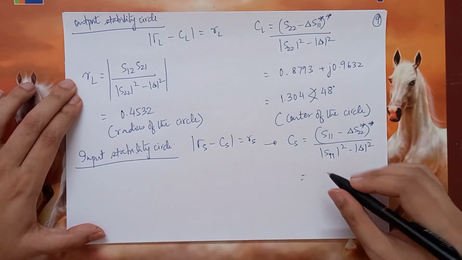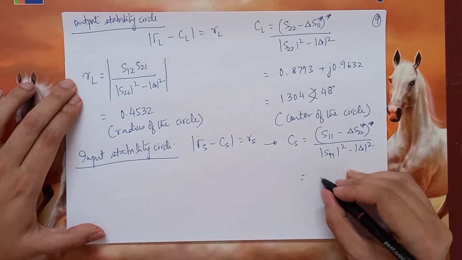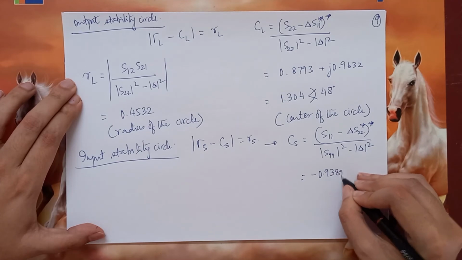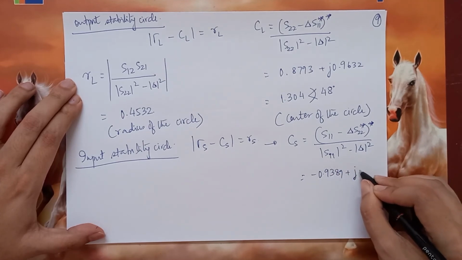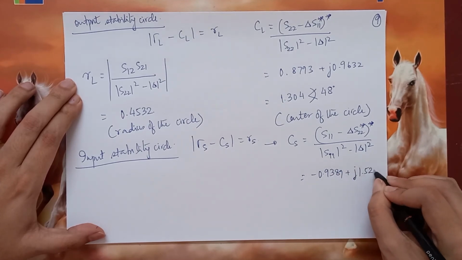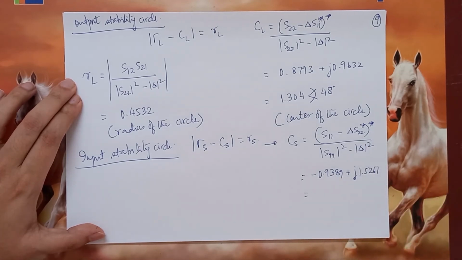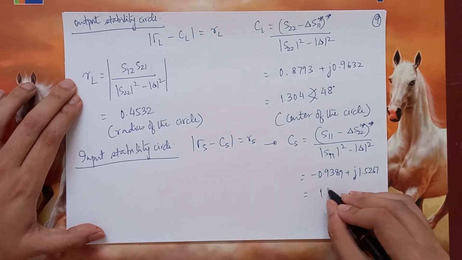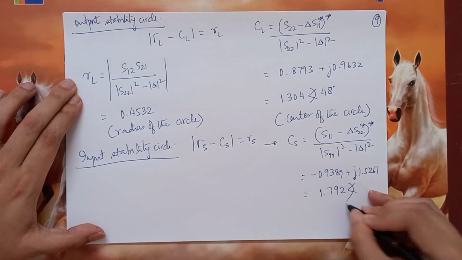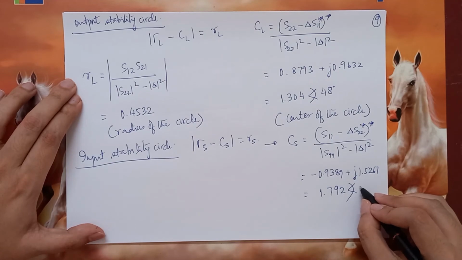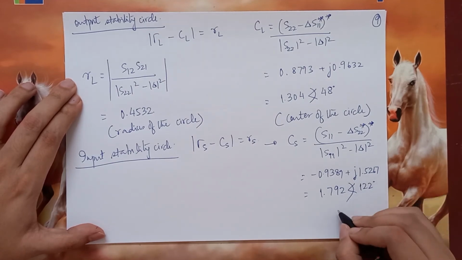This comes out to be, I believe, minus 0.9389 plus J 1.5267, which is approximately 1.792 in the polar form with an angle of about 122 degrees.